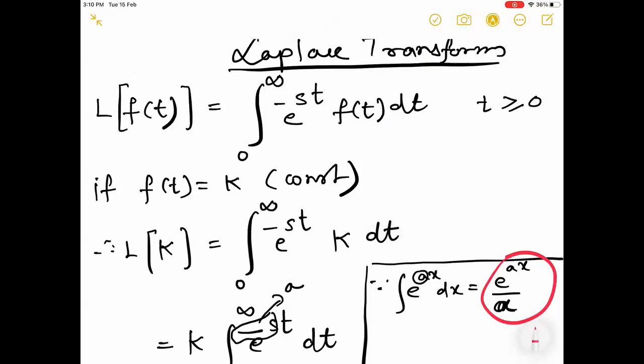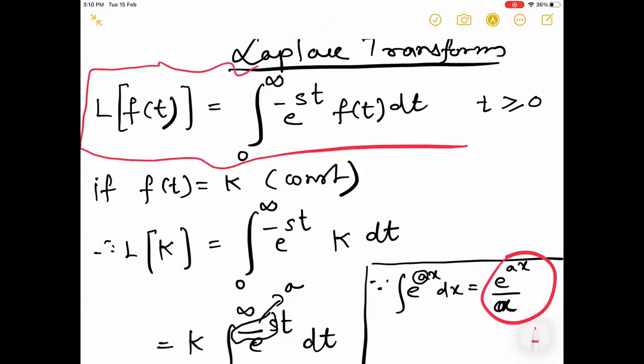This is the basic definition which we use for all the functions which satisfy the conditions: it should be of exponential order and piecewise continuous. Then we can find its Laplace transformation by the integral from 0 to infinity, where one function is the exponential term e raised to minus st, and the other is your function of t.